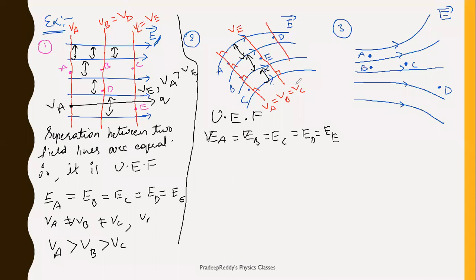It should be perpendicular to all these lines, and that is VD. Clearly, you can write VA not equal to VE not equal to VD. Okay. And the potentials at these points, VA is equal to VB is equal to VC, because they are on the same perpendicular line. Right? And now you can write which is greater.